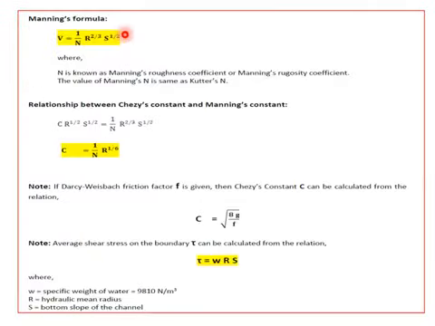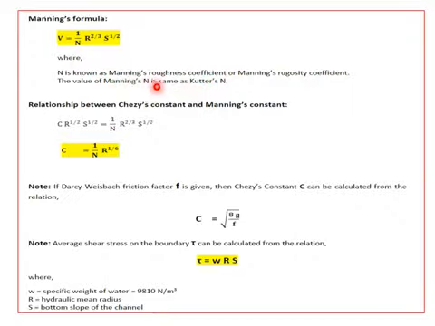Now we have the other formula to calculate velocity of flow, called Manning's formula, which is an empirical formula. V is equal to 1 by N, R to the power of 2 by 3, S to the power of half, where N is known as Manning's roughness coefficient, or also known as Manning's rugosity coefficient.